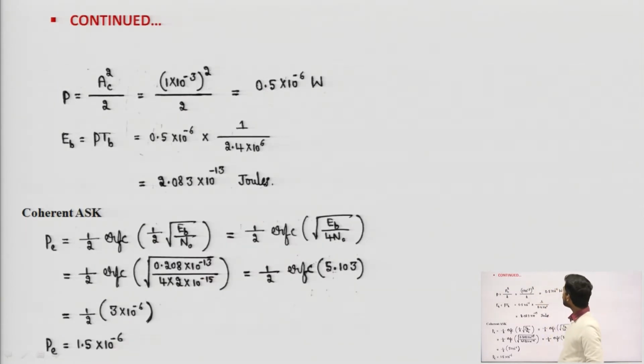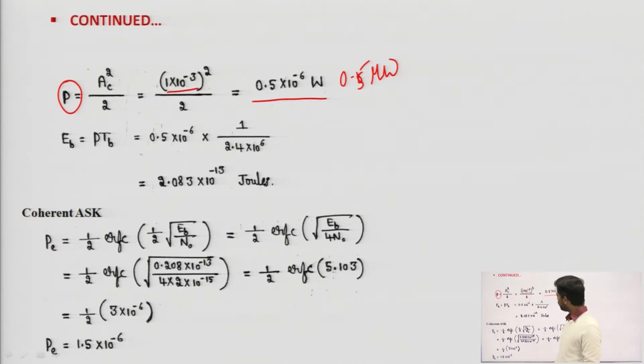From this data I can find out the power. Power equals AC square divided by 2, that is amplitude square divided by 2. AC is 1 into 10 to the minus 3, squared, divided by 2, which is 0.5 into 10 to the minus 6 watts, that is 0.5 microwatt.